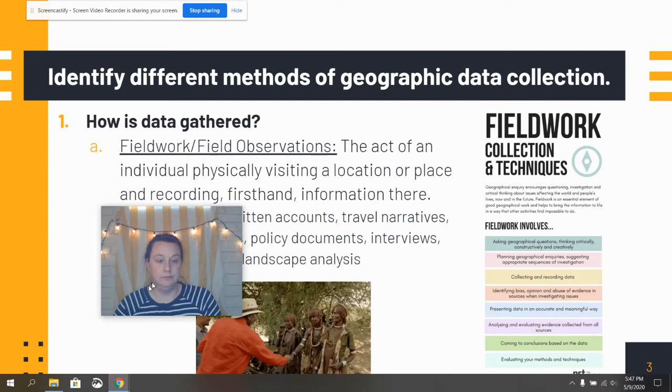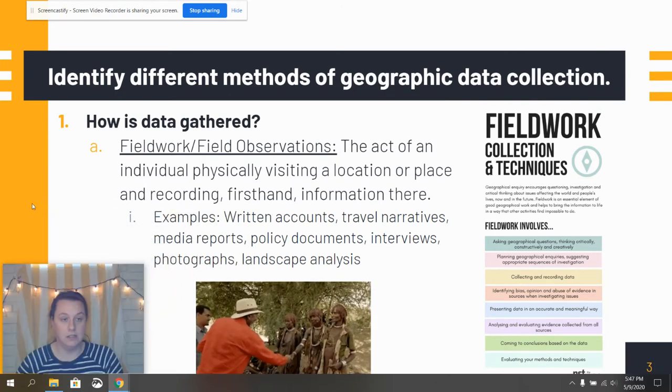So let's first think about identifying those different methods of geographic data collection. So the first method of how geographic data is gathered, and one of the biggest methods, is field work or field observations. They mean the same thing, basically.